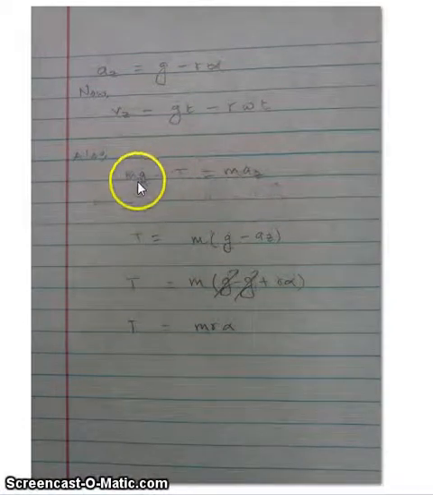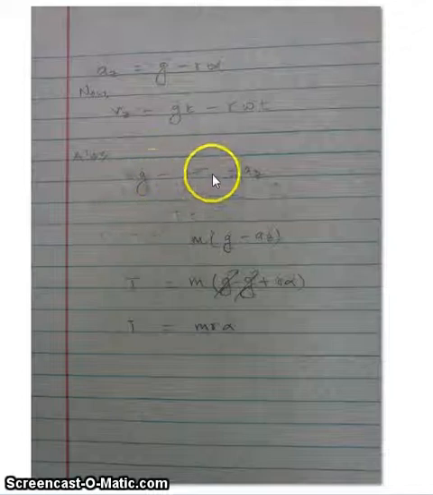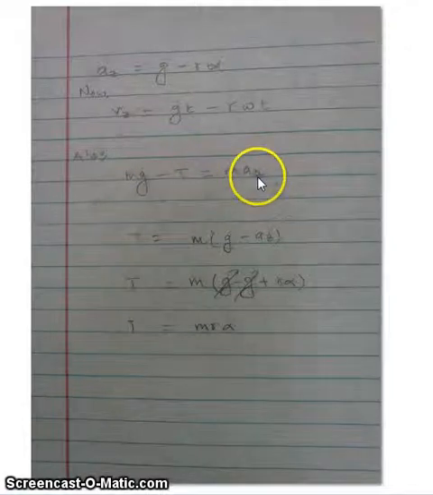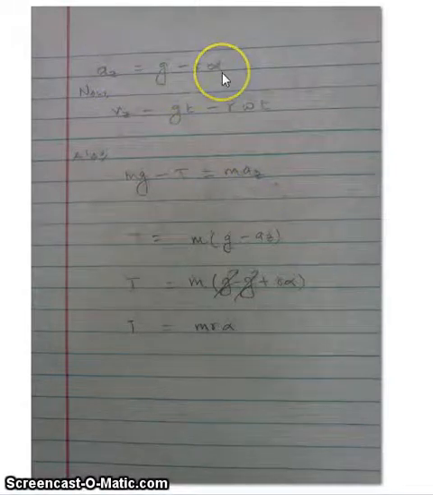And now the tension in the string can be found by this expression. The force in the downward direction, mg, minus the tension in the upward direction, equals m times the acceleration in the z direction, and the acceleration in the z direction is given by g minus r alpha.